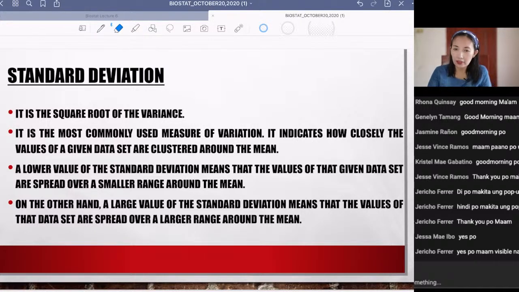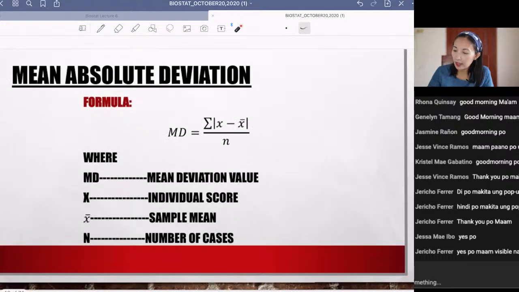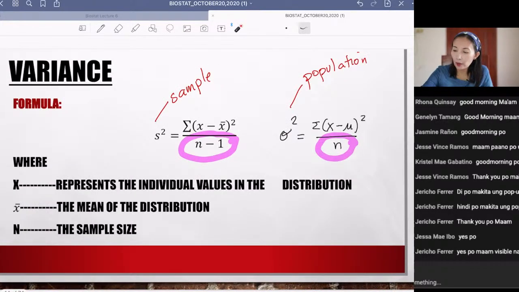The standard deviation, it's the square root of the variance. The square root of the variance. So going back to our, okay, example a while ago on variance, this one. If we take the square root of this, it gives the sample standard deviation.